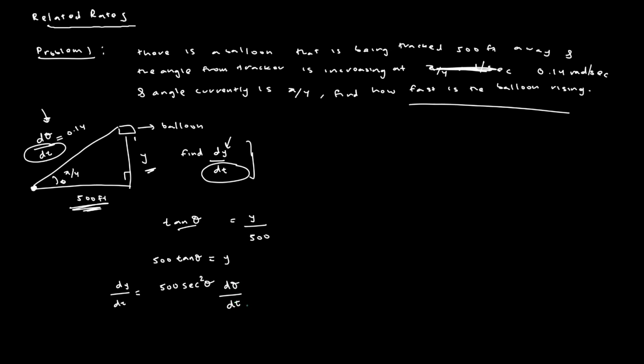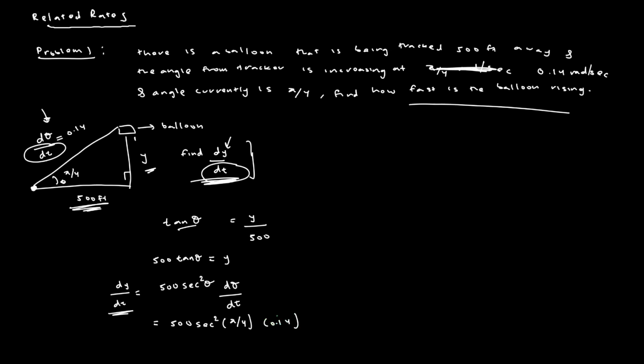Now we have an equation relating dy over dt and d theta over dt, so we have everything we need to solve for dy over dt, because we want to find out how fast our height is changing with time. We simply do 500 times secant squared of pi over 4 times d theta over dt, which is 0.14 as given by the problem.